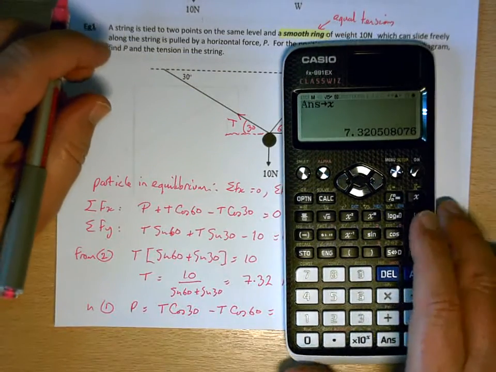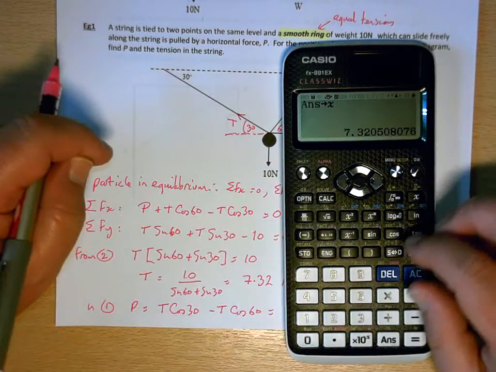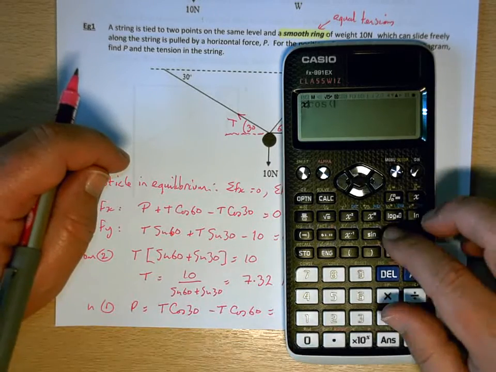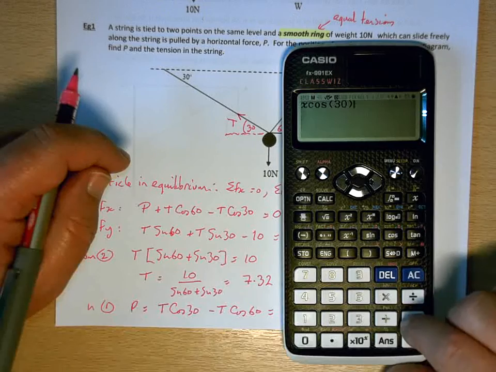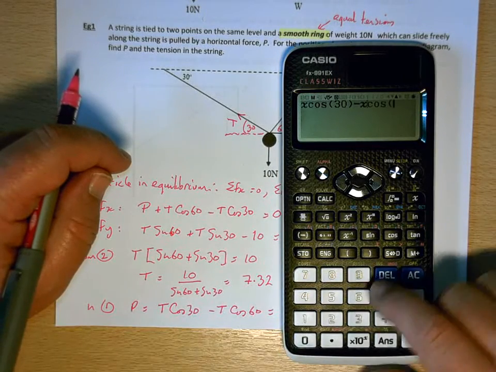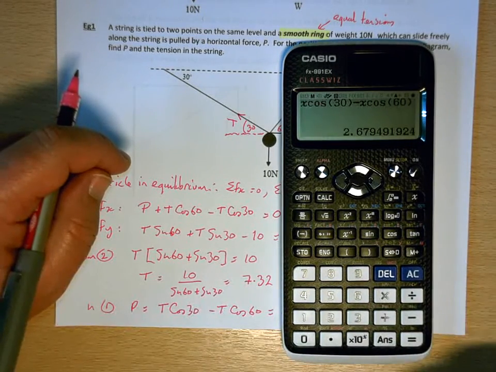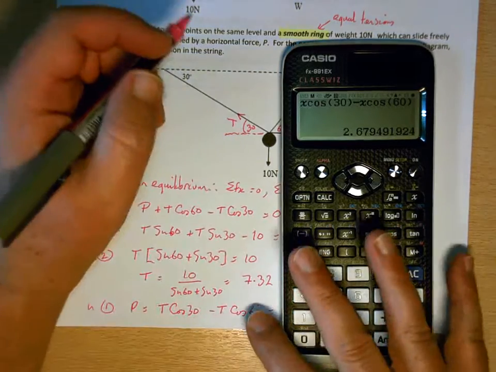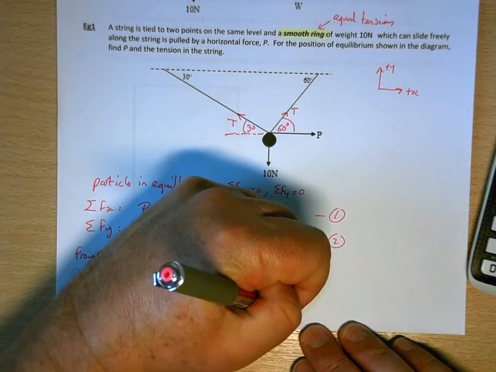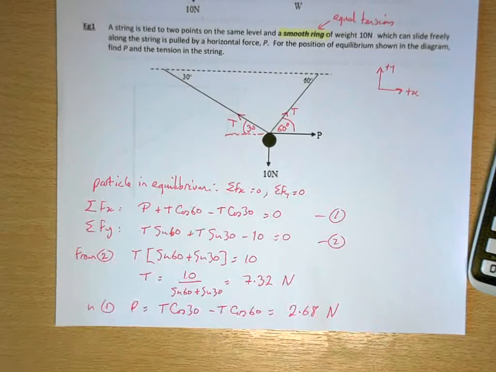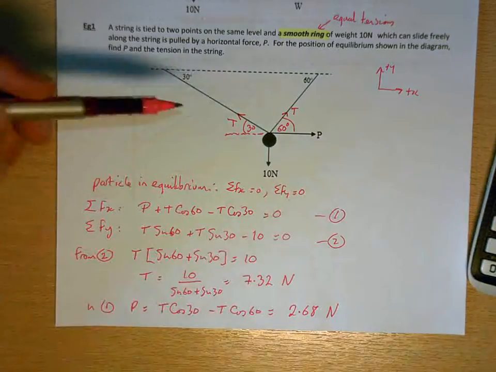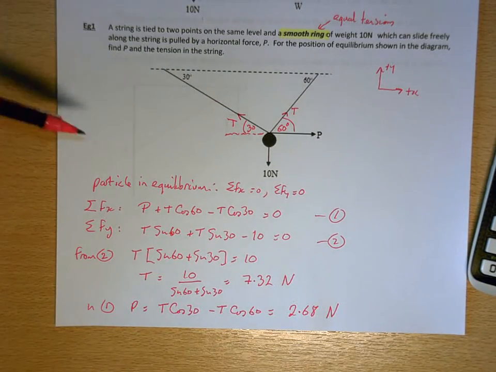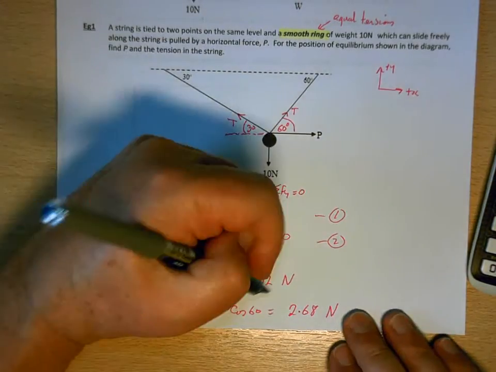So on my calculator now, because I've stored that in X, that's going to be X cos 30 close bracket plus, minus X cos 60 close bracket equals 2.7 or 2.68 newtons. So really, given that we are at this point pretty experienced at resolving forces at an angle, that should be quite straightforward.